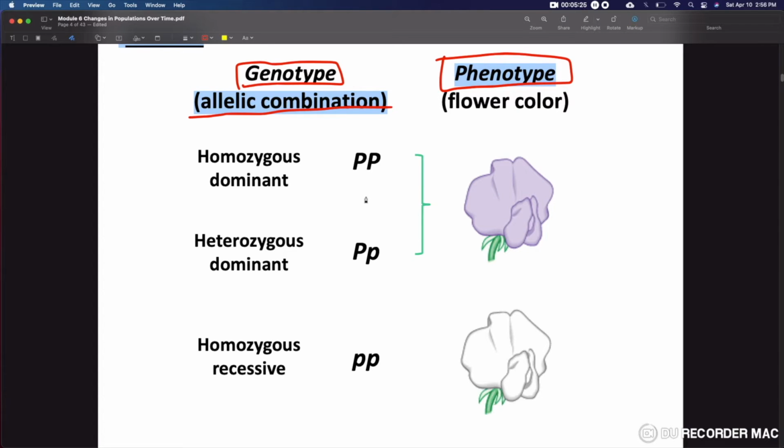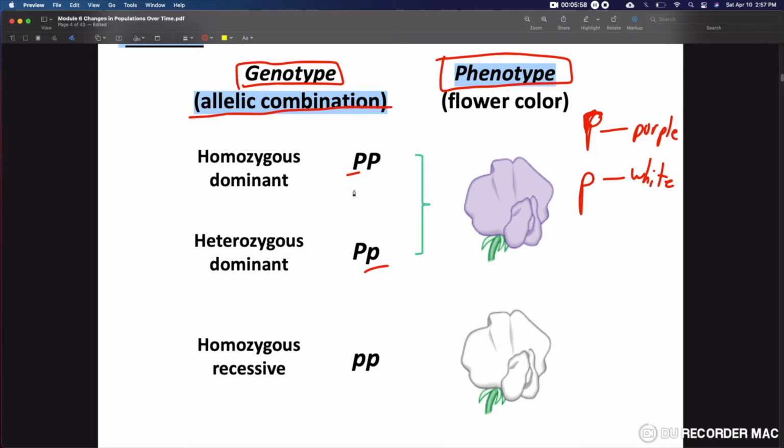If you have two allelic forms of that gene, for example, purple and white, we have big P for purple flower and small p for white. Medyo pangit lang yung drawing ko. Big P for purple and small p for white.